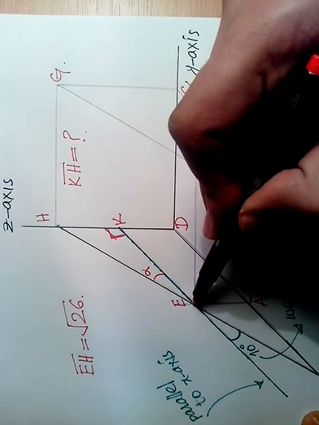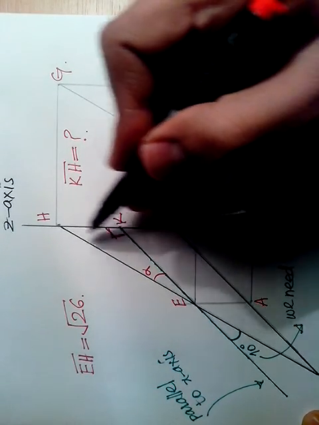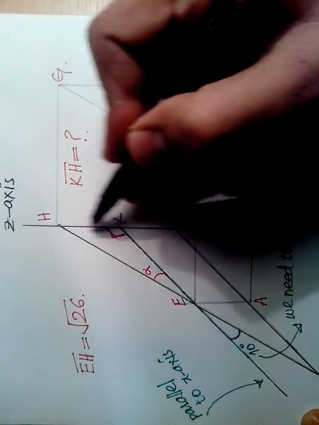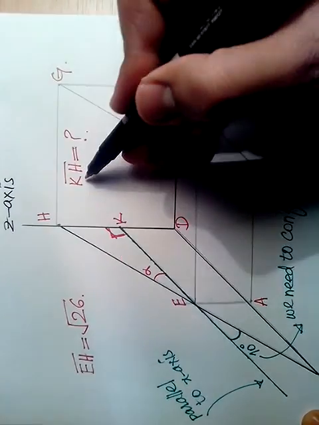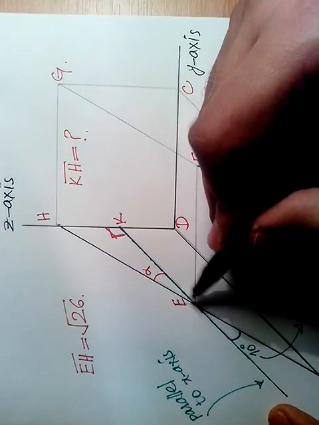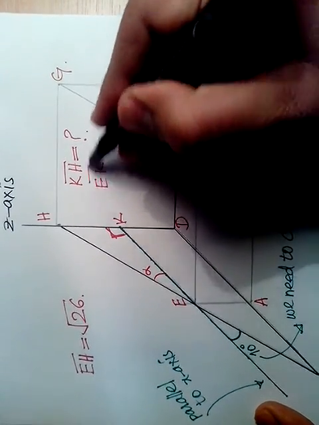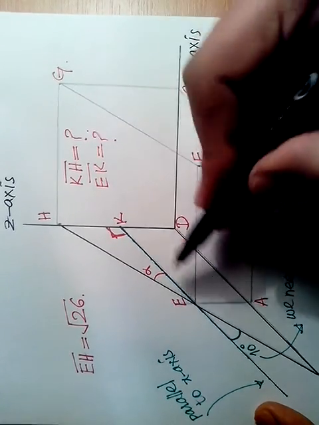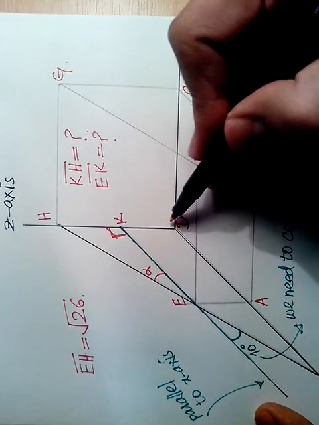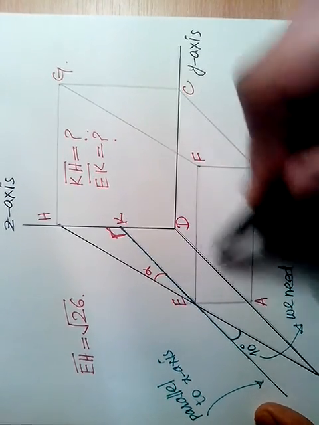Now we need to find EK. If we can find EK, then we can apply the Pythagoras theorem in this right angle triangle to find KH. So we need to find EK. But since this line is parallel to the x-axis, EK equals AD.